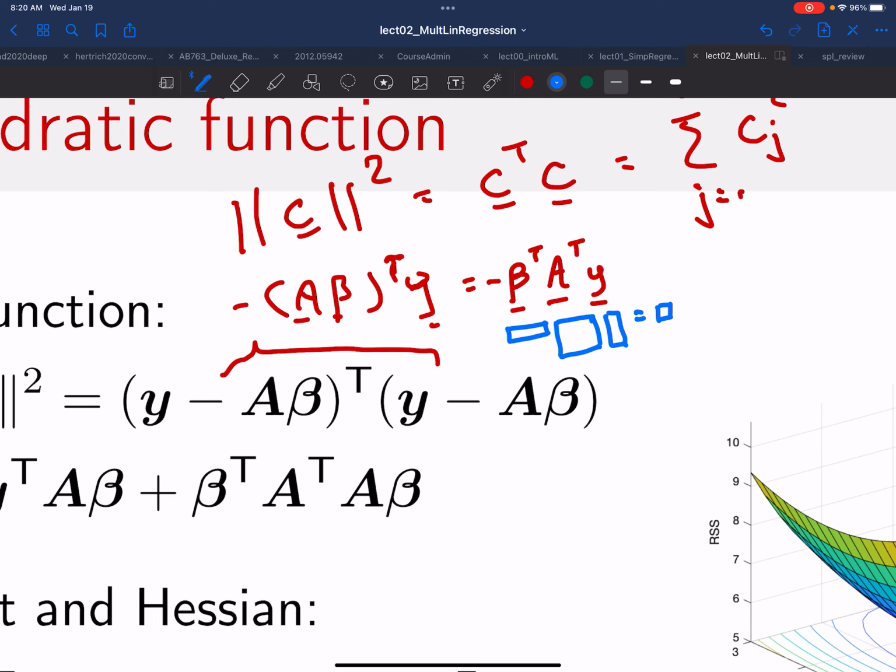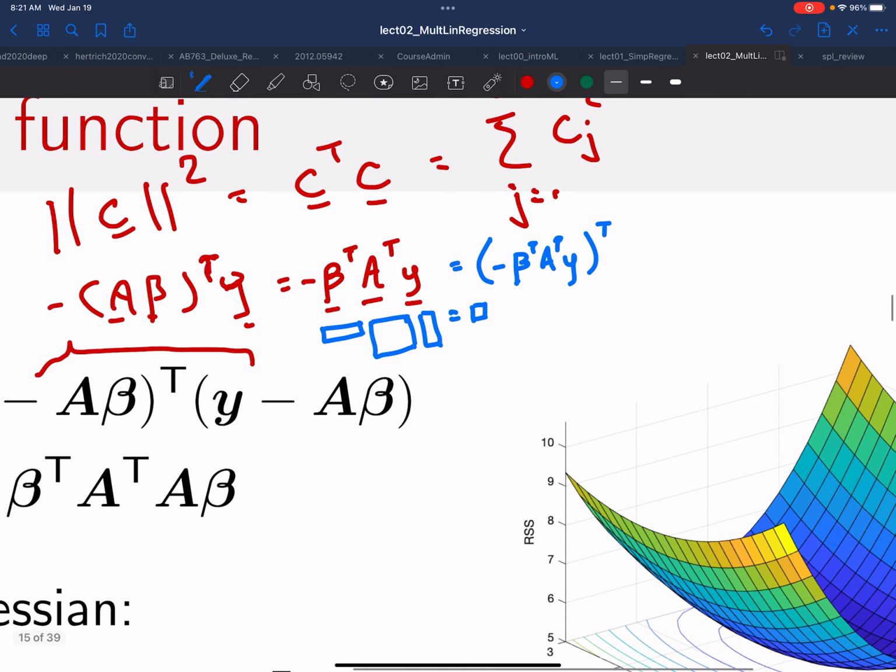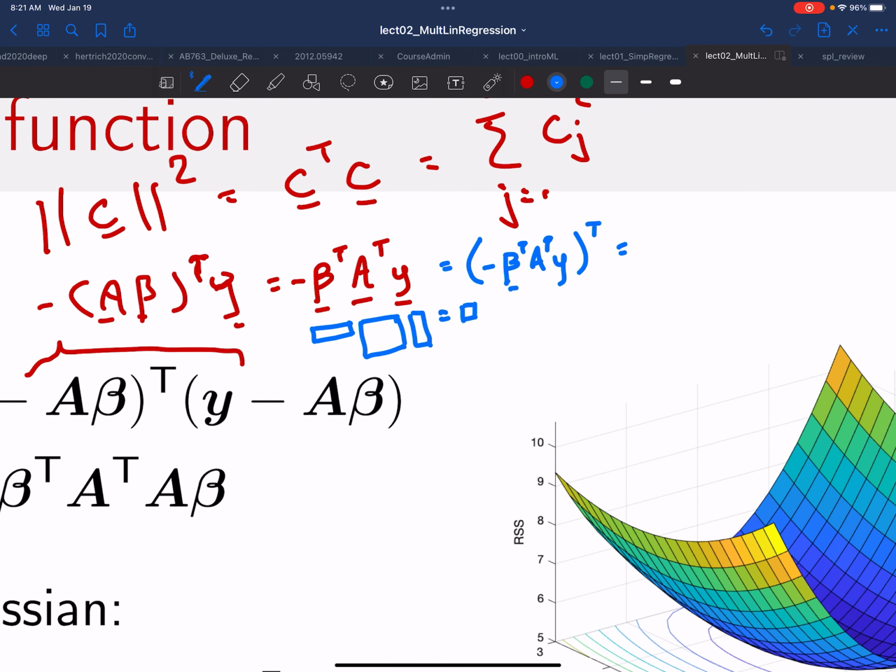Knowing that, this is equal to itself transposed. And if I transpose this, I get Y transpose A beta. So these are the same. I can write it with the beta on the left and the Y on the right, or with the Y on the left and the beta on the right. It's the same thing.